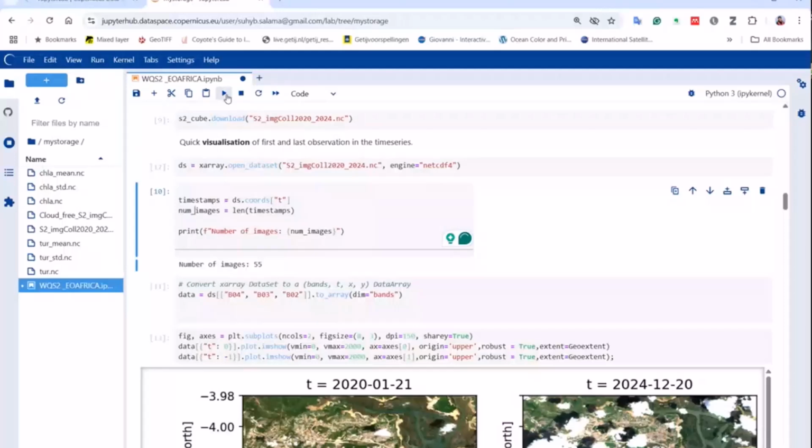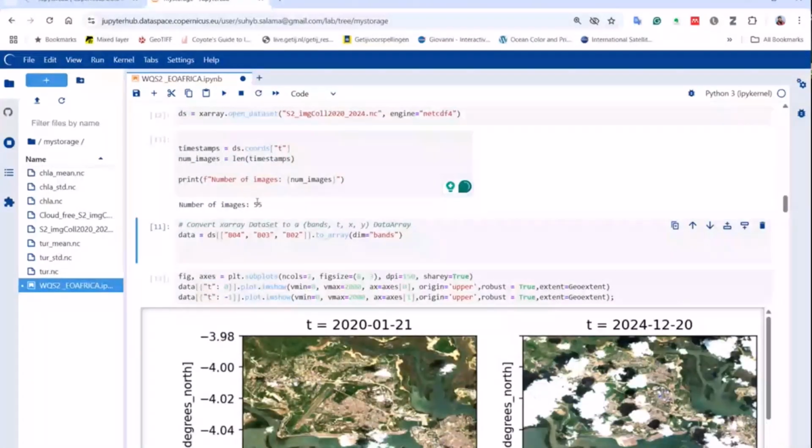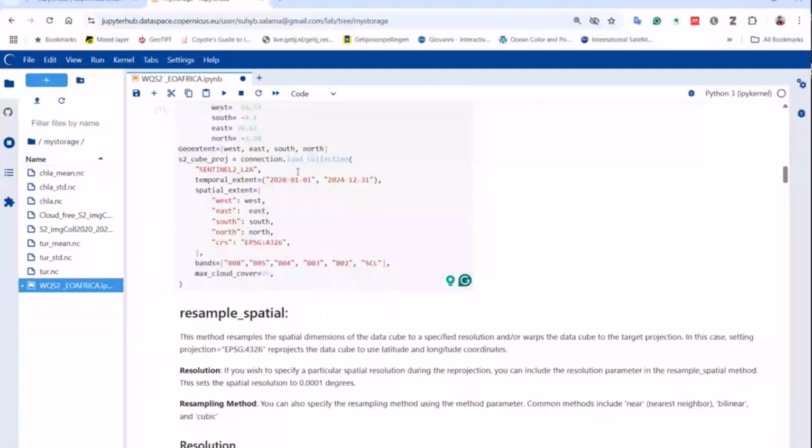And I will count how many images I have. So I take the coordinate of time, take the length, and get the number of images. I have 55 images that satisfy the condition. Look at this condition: it's between 2020 and 2024, and it has a maximum cloud cover.